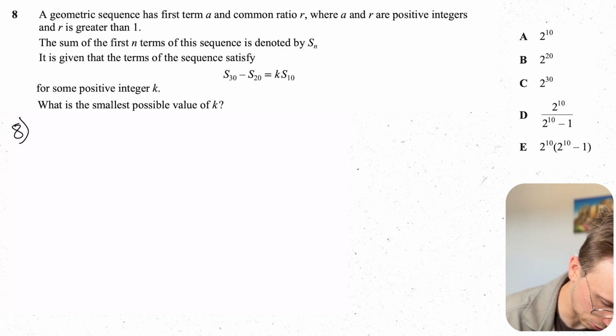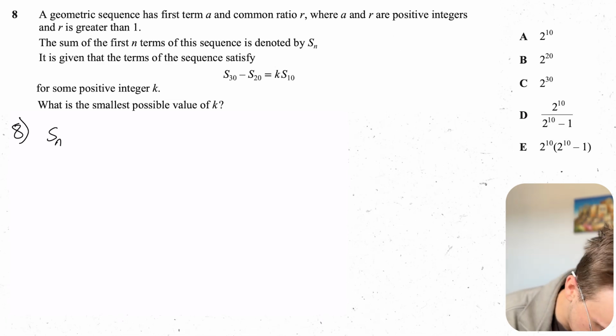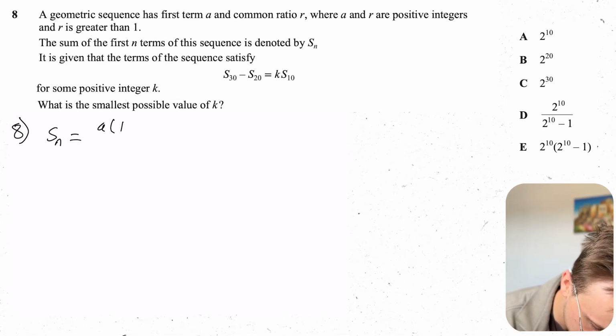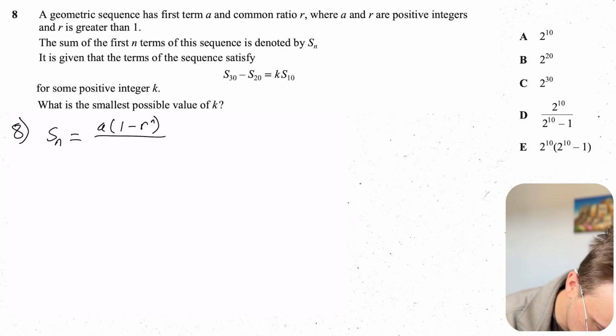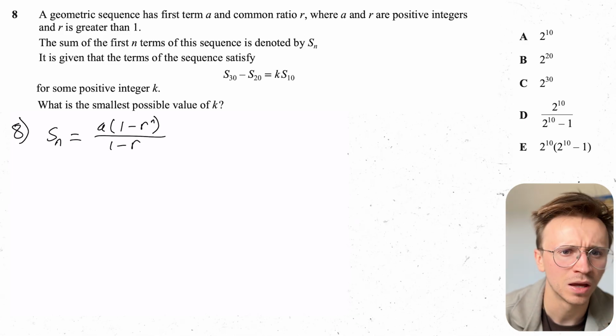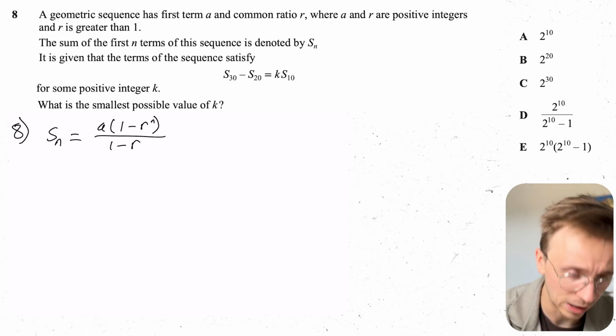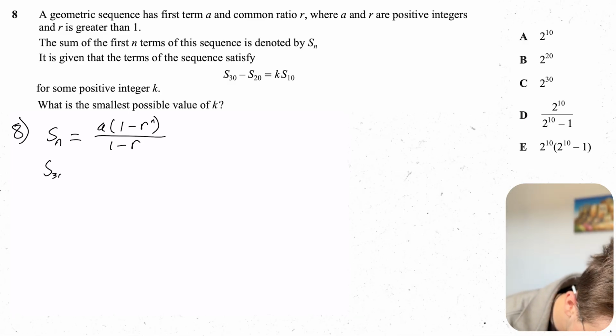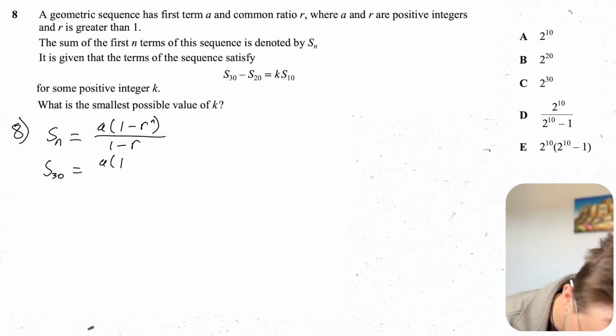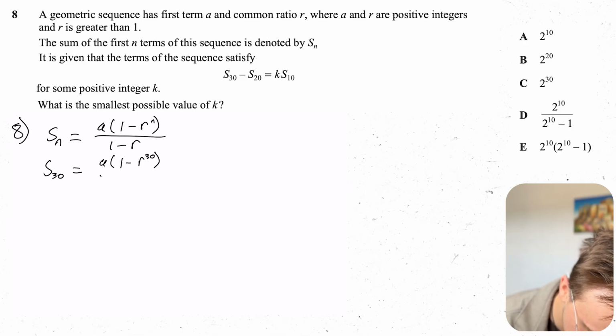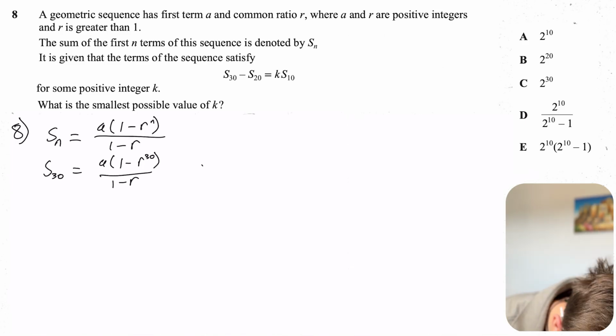Okay, so Sn for any n is equal to A(1 minus r to the power n) over (1 minus r). Again, we don't know what any of these are other than n. So S30 is equal to A(1 minus r to the 30) over (1 minus r).